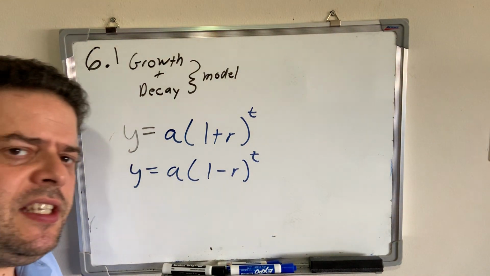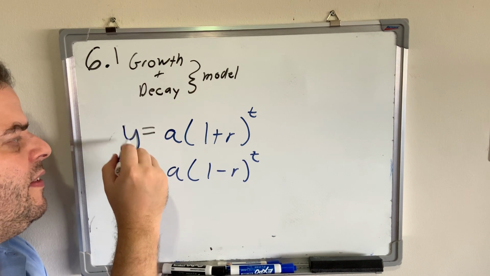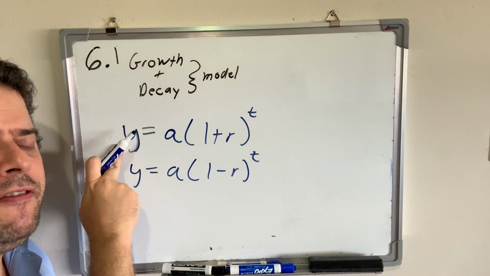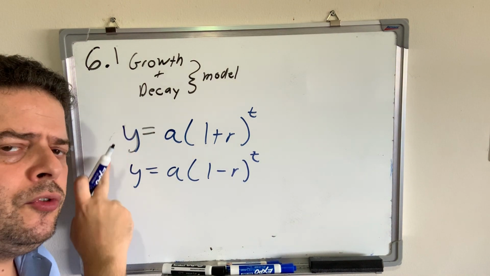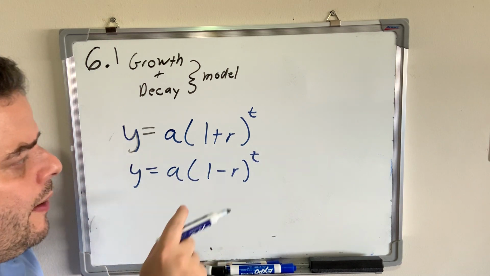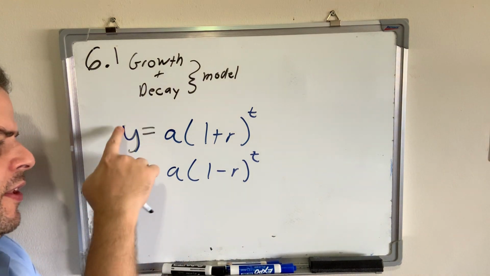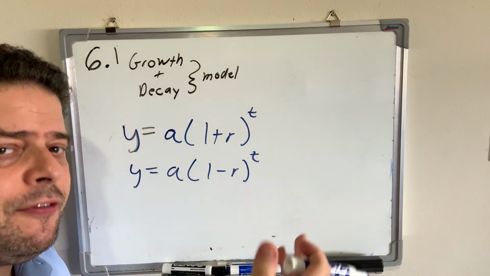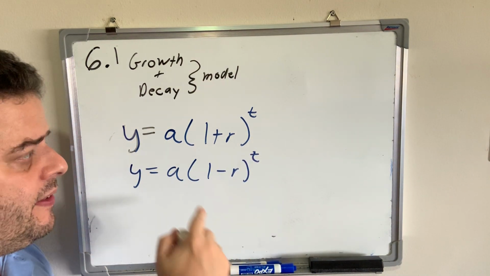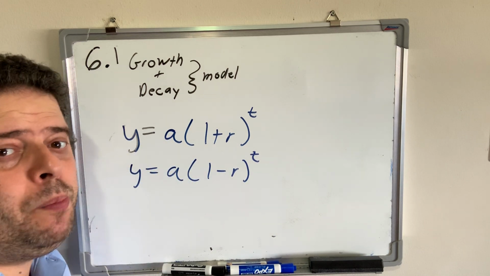Let me explain what each thing is. Y is what you're going to end up with after the population or value grows or goes down. Let's go over each letter. This is going to be the answer, or what you're left with after time passes. A is what you begin with.